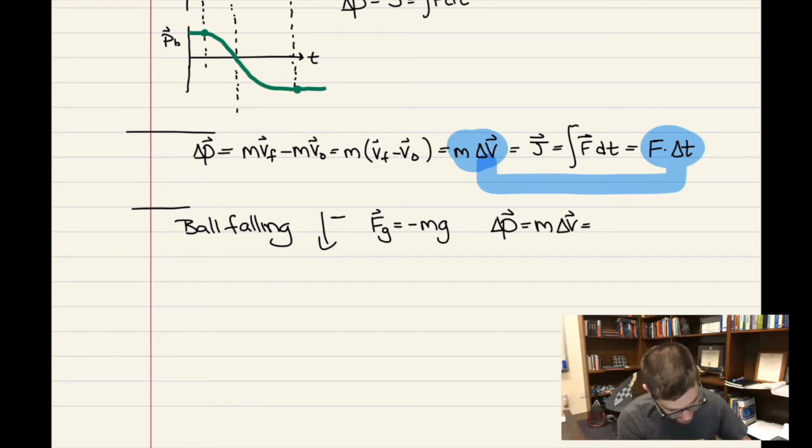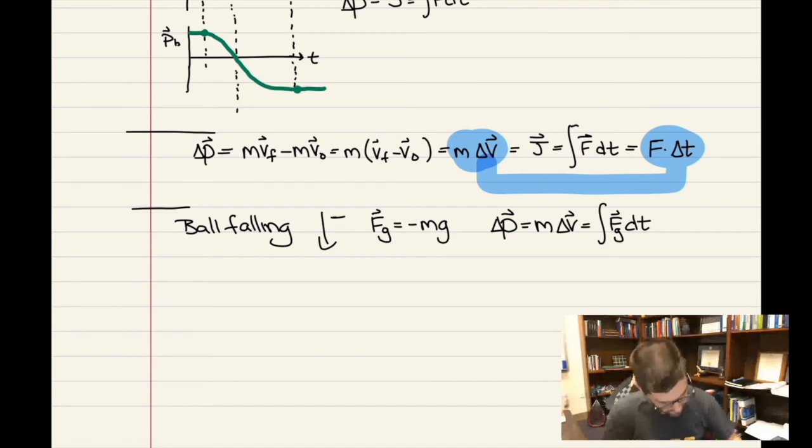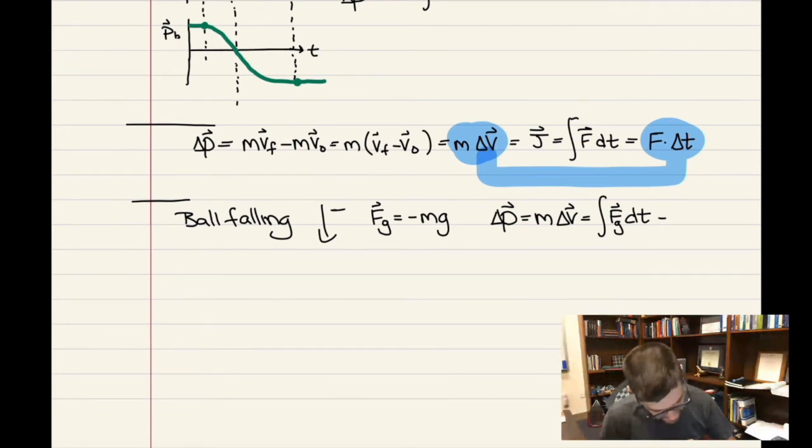That is equal to the integral of the force from gravity over some time delta t, how long it falls, for example, from my top hand to my bottom hand. This is just negative mg, which is a constant, so I can take it out of the integral, integral over dt.